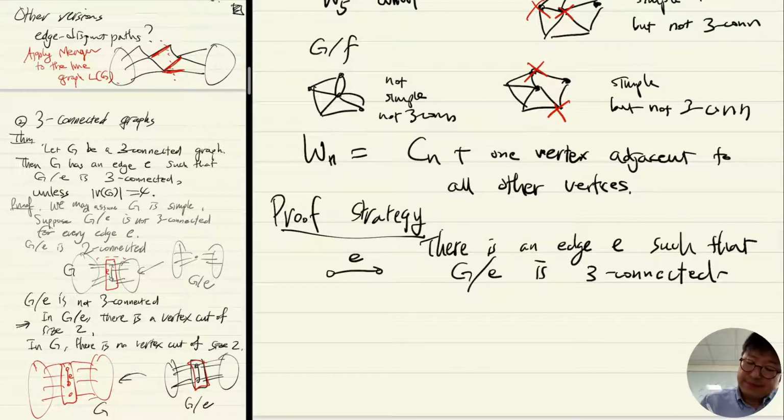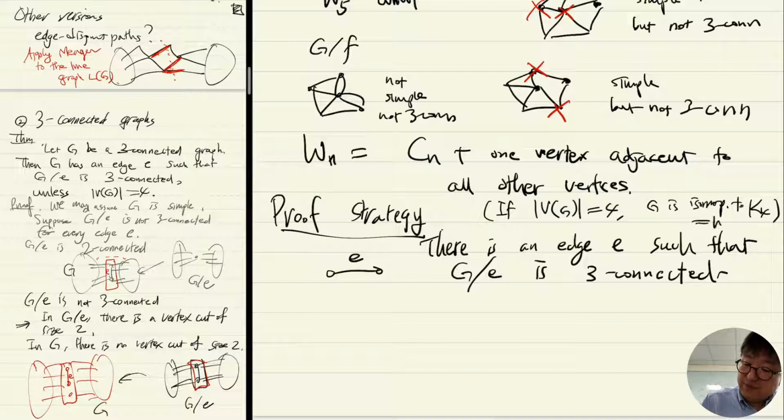I don't have to worry about the case where the graph is too small. If it has only 4 vertices, then it's just a matter of case checking. There are not many graphs. If the number of vertices is 4, then G is isomorphic to K4, and K4 is isomorphic to W3.